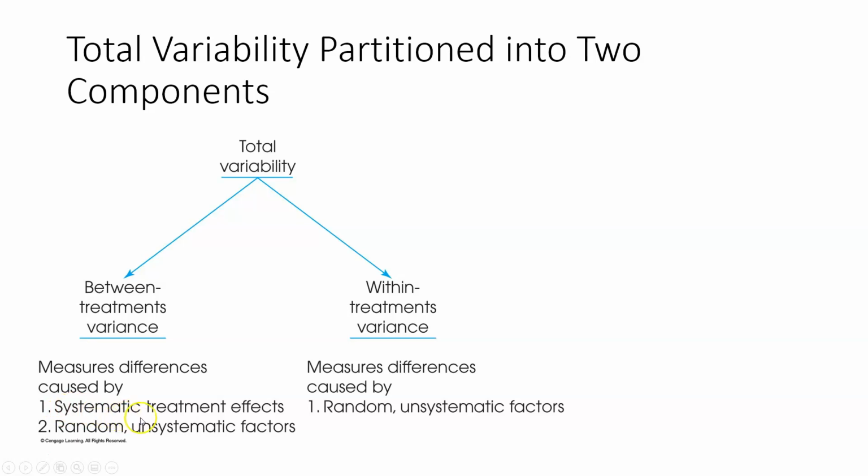One is the systematic differences because of treatments, like which kind of phone do you use, and the other source is because of random individual differences and unsystematic factors. When you look within each condition, within each group, you look at the source of variability inside that group and see that there are only differences because of random unsystematic factors.